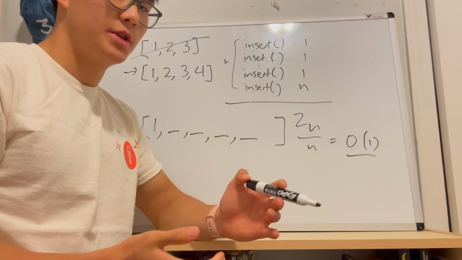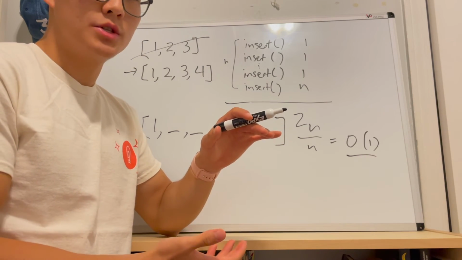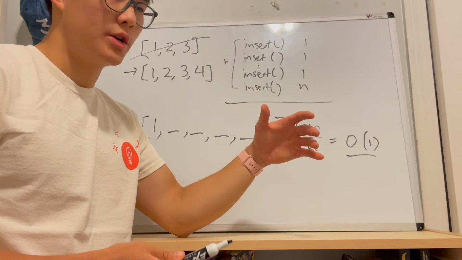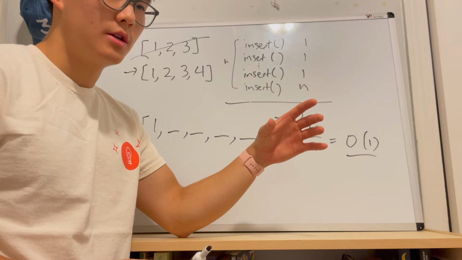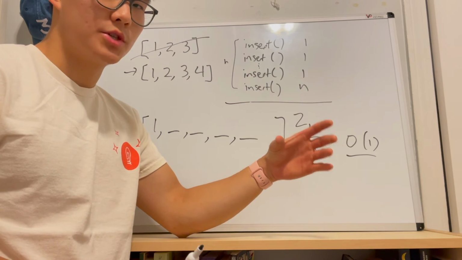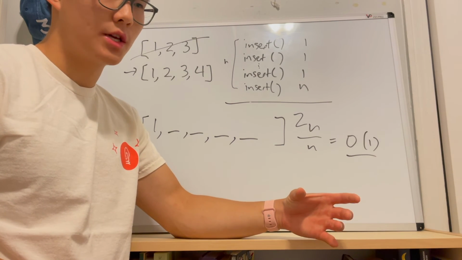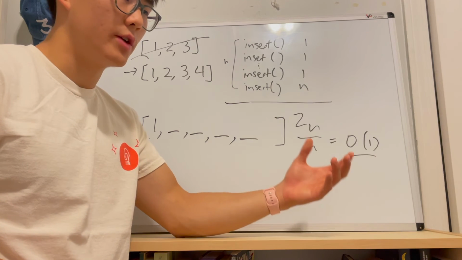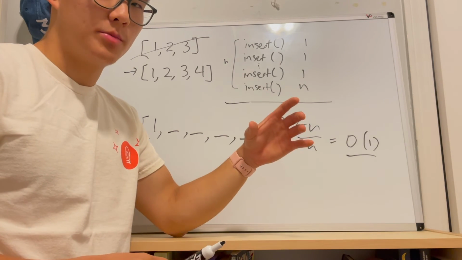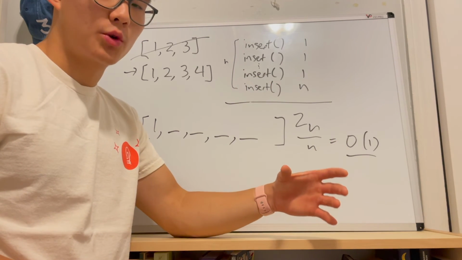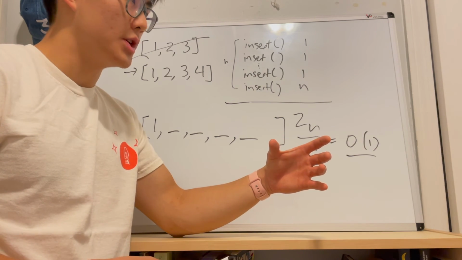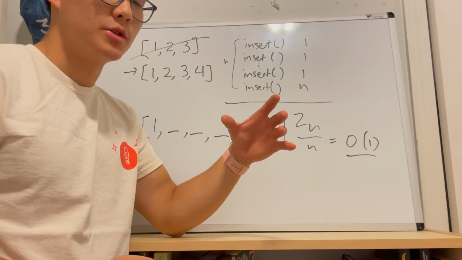Oftentimes, you'll be given a list of instructions and be required to say, okay, I must be able to get in constant time. I must be able to set in constant time. And maybe I'm allowed to take O of n time to return all the things in order. But you have to be able to, given those requirements, think of an implementation that matches those requirements.